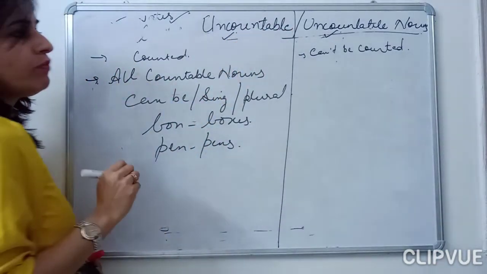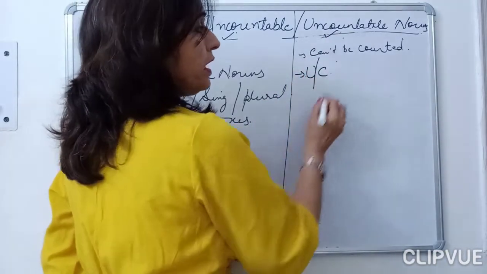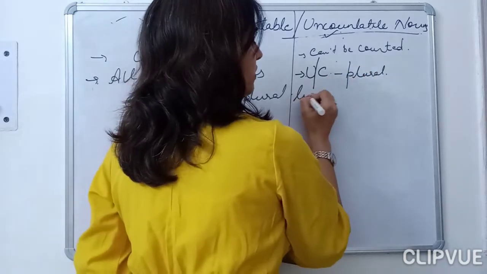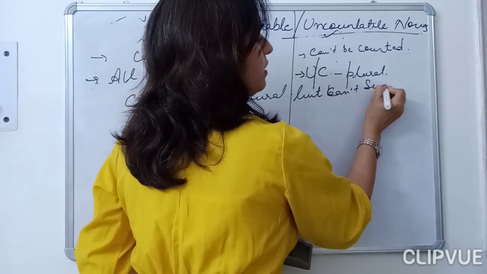And uncountable nouns cannot be plural, and they cannot be singular.